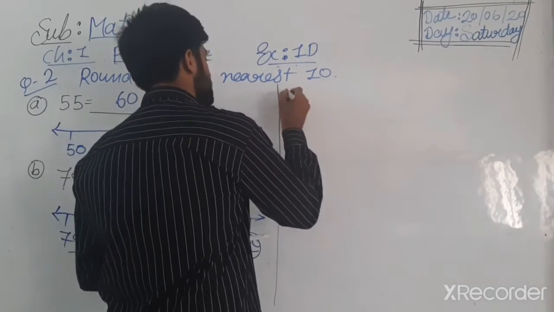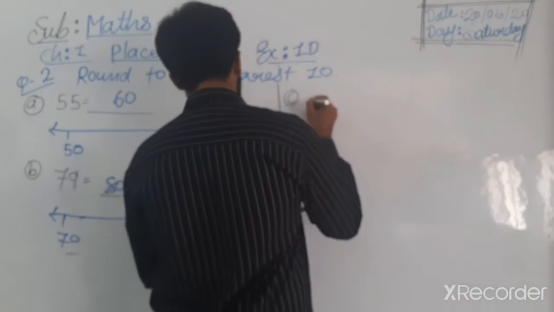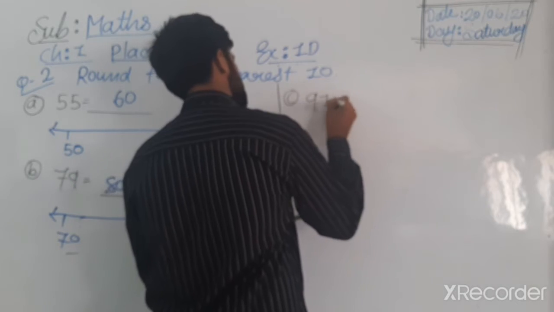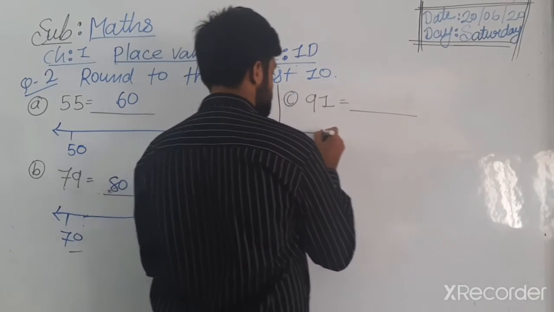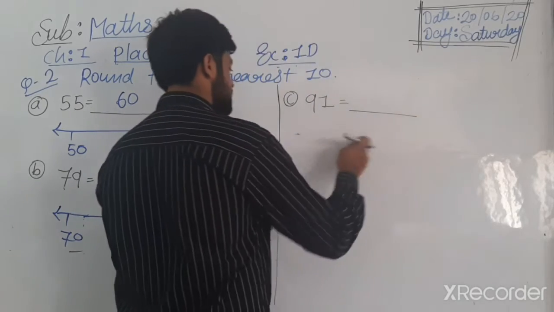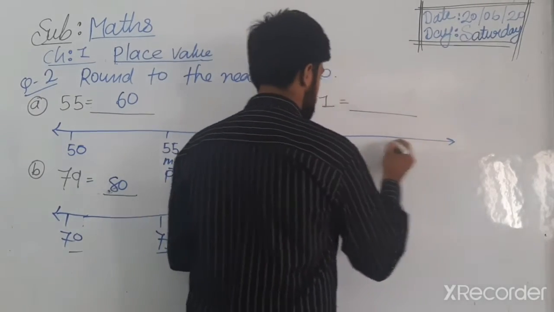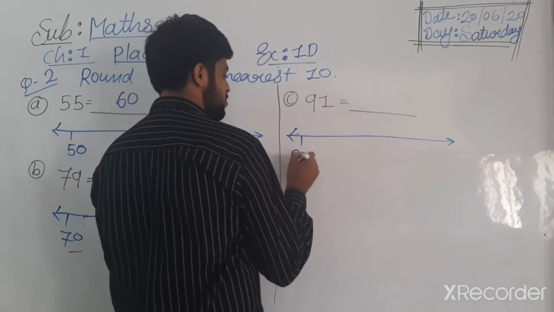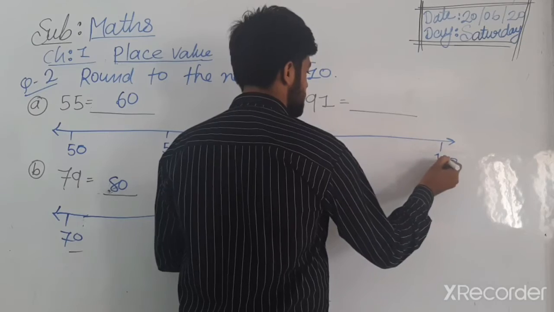Now further, question number C: 91. So now let's check the number line. The number line here is 90 first of all, and 100.